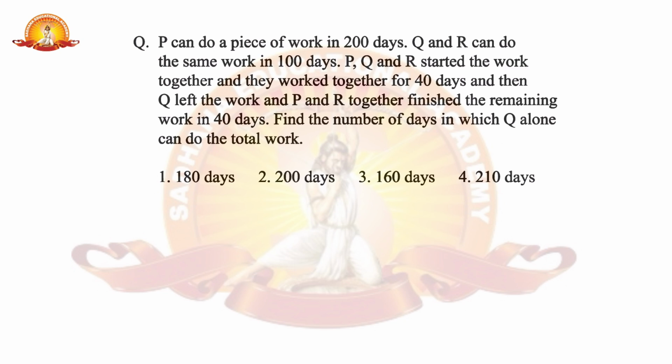First, from the given information, you just note down how the work is completed. P, Q, R worked for 40 days. After that, Q left, then P and R worked together for 40 days. Here we have the information about P and the collective information of Q and R. So let us divide the problem as P and QR shares.